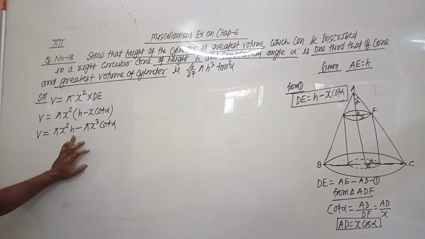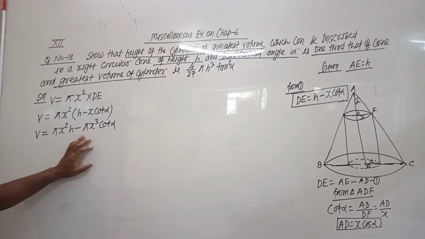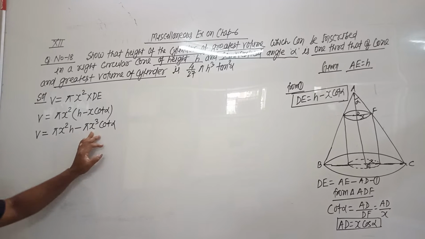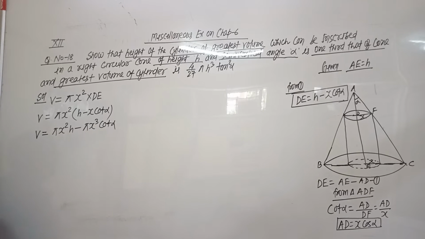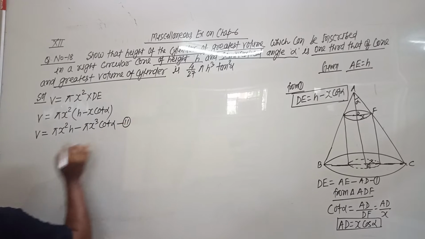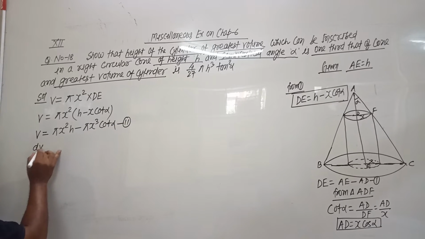Now h, the height of the cone, was given, which means alpha was also given. It means the variable is x, so we will have to differentiate with respect to x. In the second equation, find dV by dx.